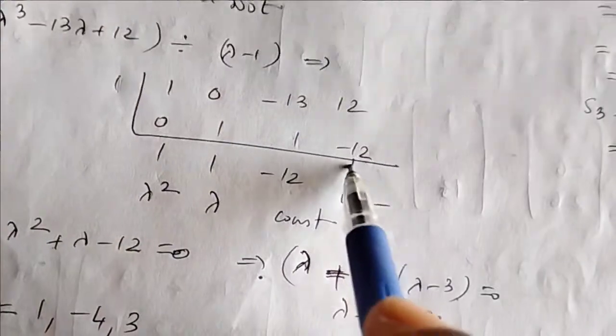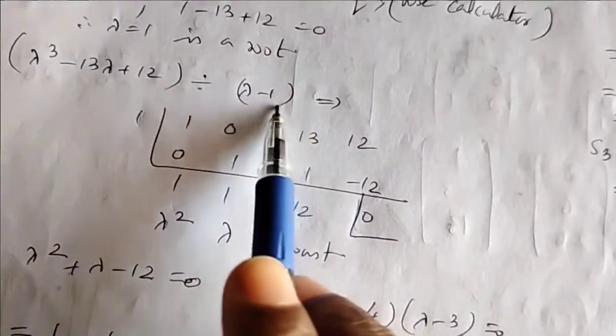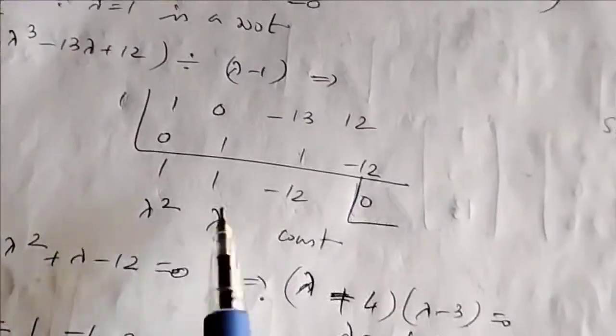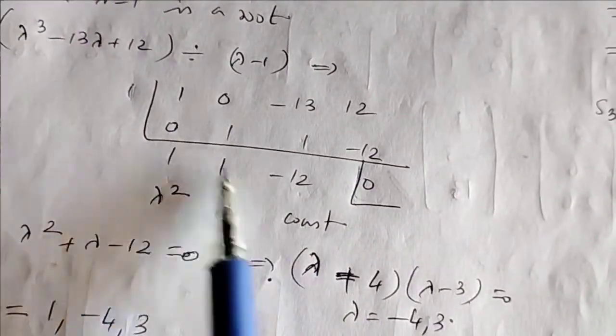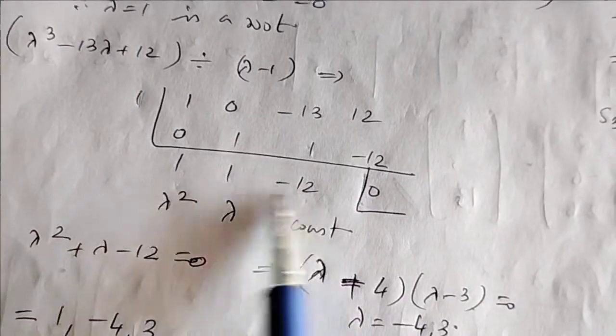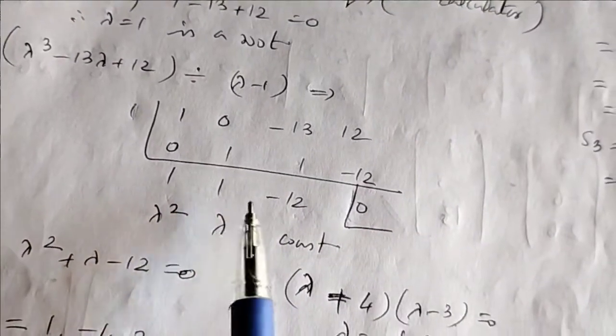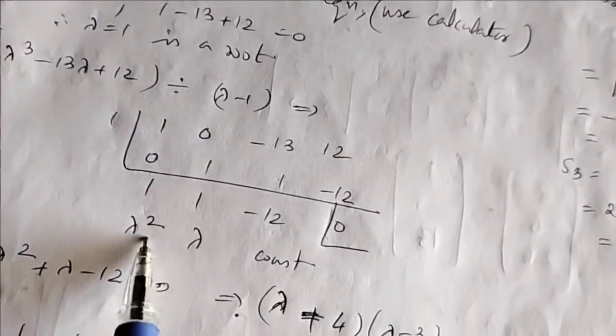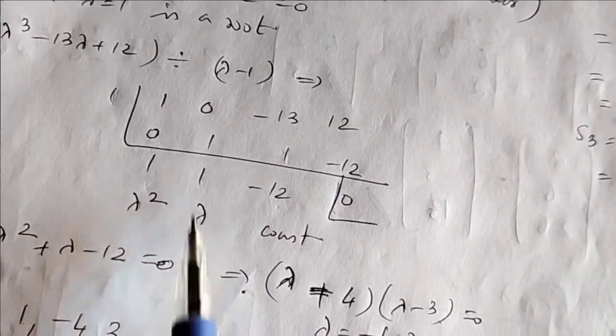So the last term is the remainder. Since it is a factor, the remainder is 0. So next we get the coefficients 1, 1, minus 12 for a second degree polynomial, because it is third degree and if we divide it by a first degree polynomial, we get second degree. So it is lambda square plus lambda minus 12 is equal to 0.